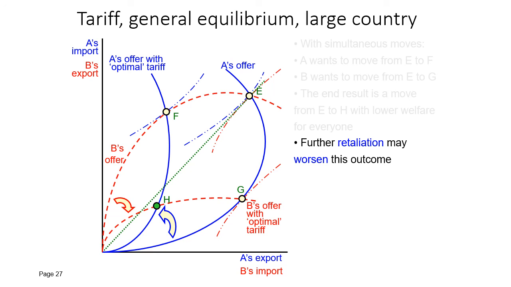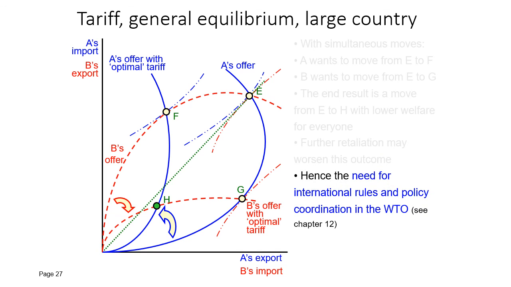They might then decide to further retaliate by imposing a tariff again to make a bad situation better and try to land up at a higher welfare, even though it's not the same as originally, but it's better than point H. But the other country could do the same thing. They could further retaliate also and say, okay, I'm also in a bad position.